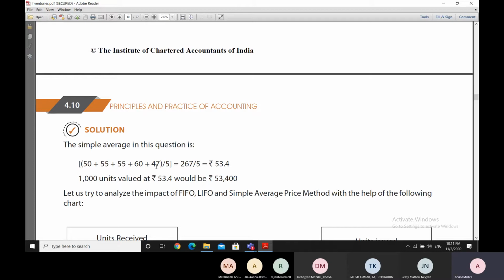So we are taking 53.4 as the average price, and we are going to value the 1000 units of condenser which we have in our stock at the value of 53.4. So therefore, as you have noticed, 53,400 is the valuation.